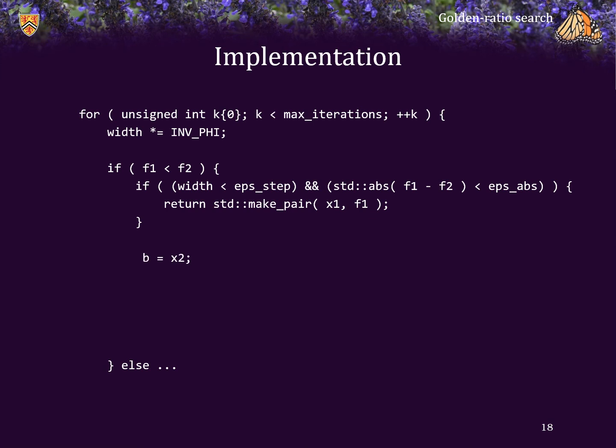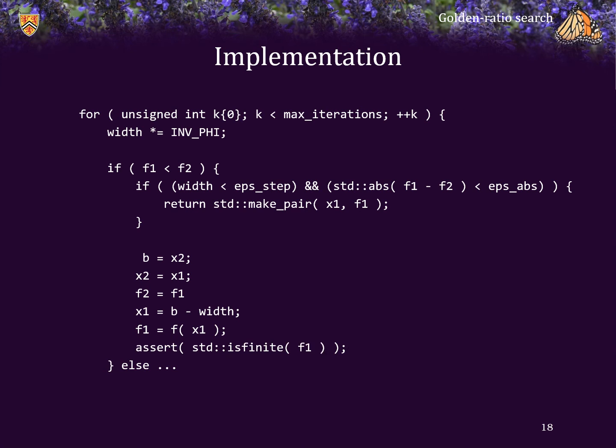Otherwise, we will set b to be x2, x2 is assigned to be x1, f2 is assigned f1, x1 is now b minus the new width we calculated above, and f at the left interior point is f evaluated at that point. So there's our one function call.